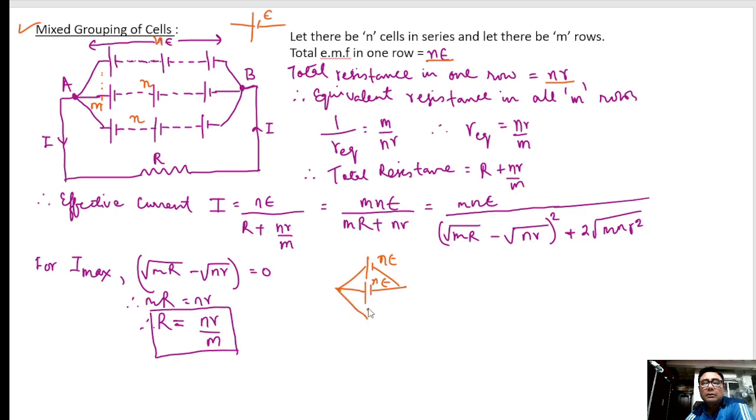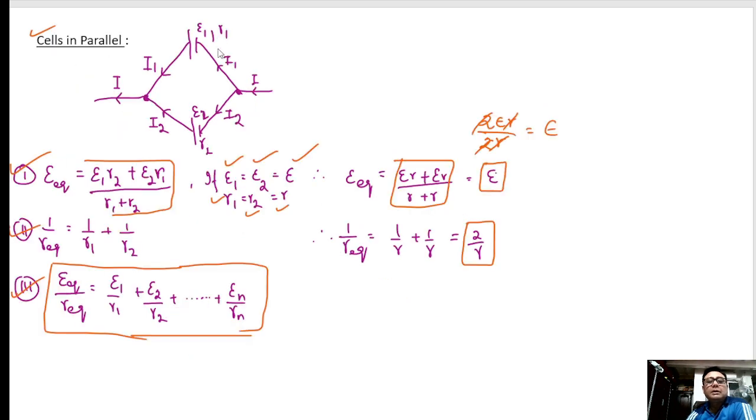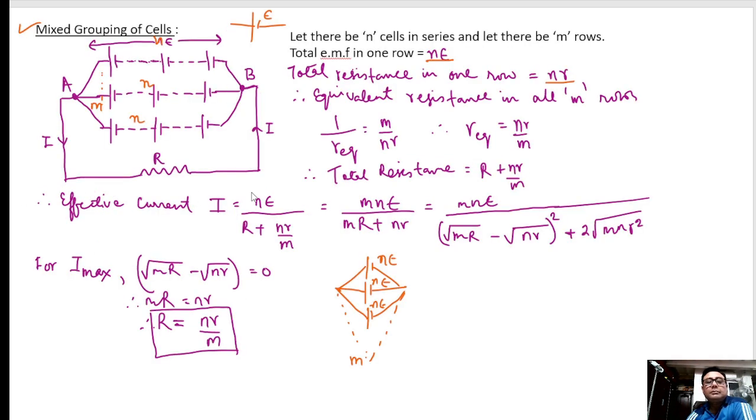We know, just now we have seen that if they are in parallel, and the value of each EMF is the same, the equivalent EMF will always be that same value. That means the total equivalent EMF in parallel will be nE. This is the total EMF in parallel.